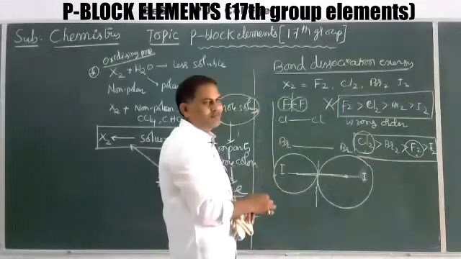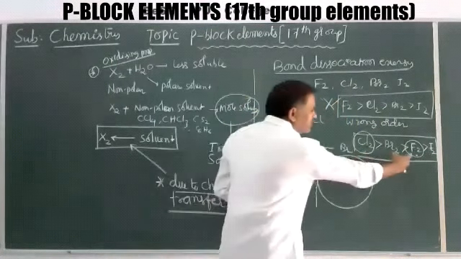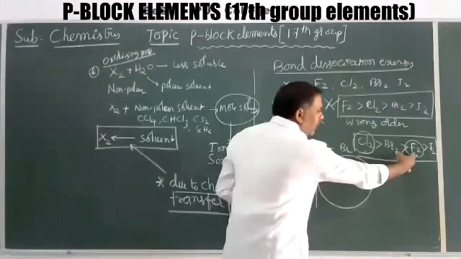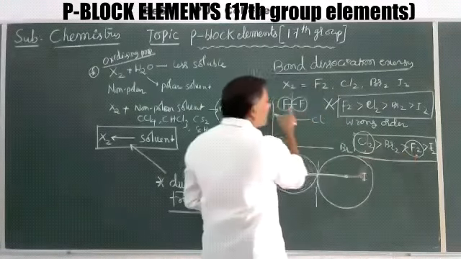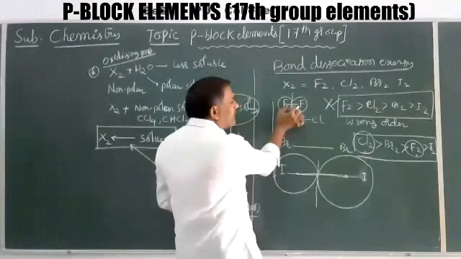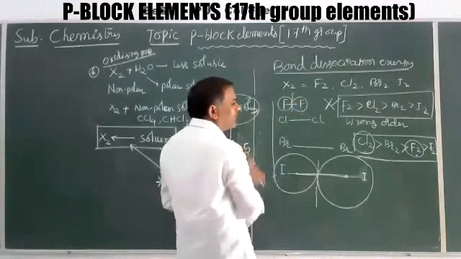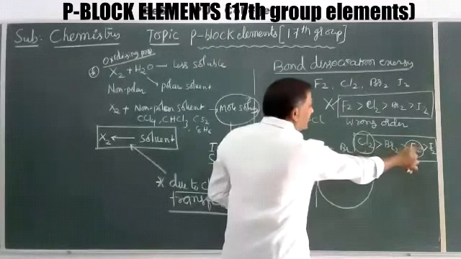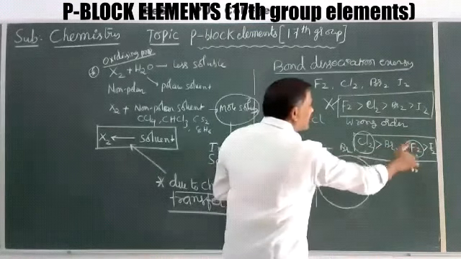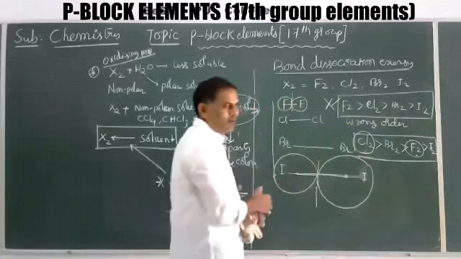Give reason. Actually it should be higher, because between fluorine atoms the bond distance is less, so attractive forces are more and more energy is required, but experimentally the fluorine molecule requires less energy than chlorine.